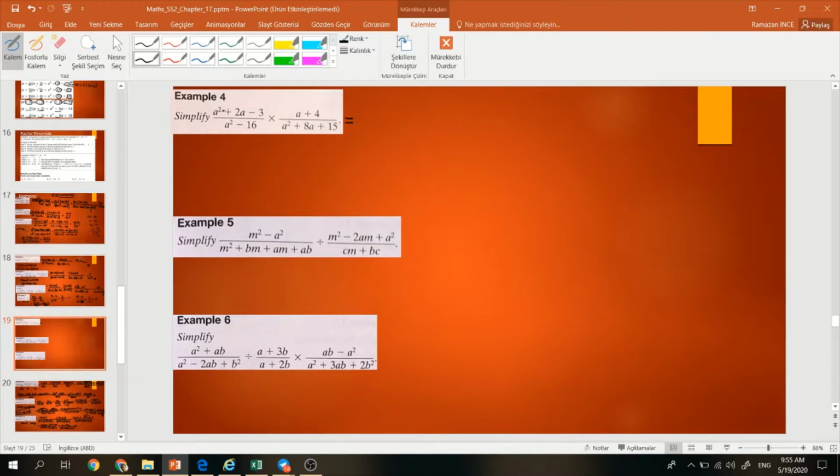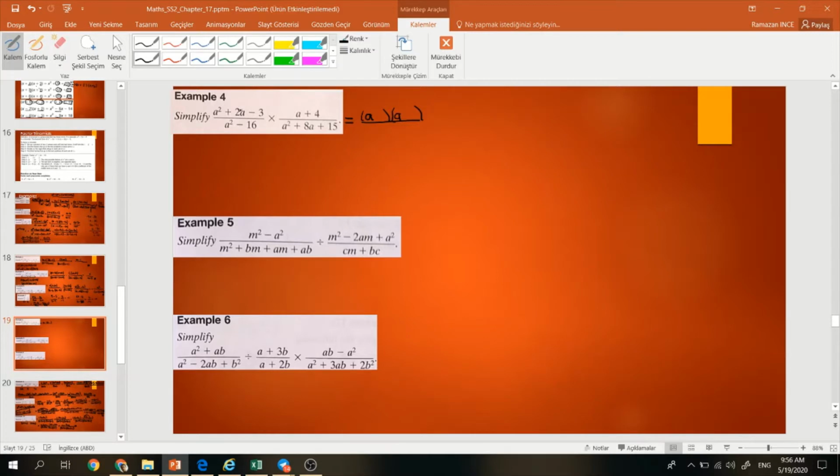Now, as you know, if we have a square like that, x square, something like that, it is easy to do. We will have 2 factors, like that. And since this is a square, the first one should be a and the second one should be a here. Then we need to get 2 numbers such that when you multiply them, you will get negative 3. When you add them, you will get 2.